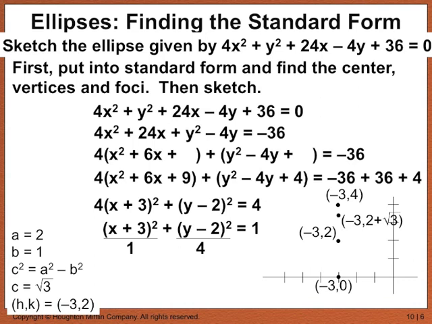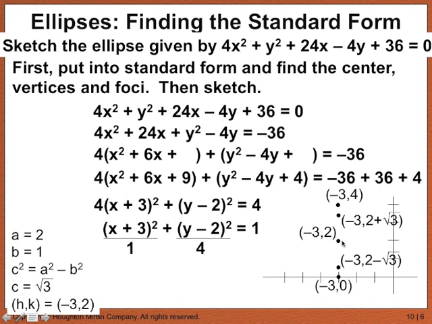Negative 3, 2 plus root 3 is one focus, and negative 3, 2 minus root 3 is another focus. Okay, now let's take a look at this. We know that c, which I found and am circling right now in the lower left of this screen, is c equals root 3. All right, we found that. And c is the distance from center to focus.